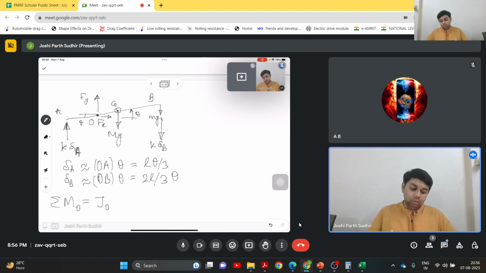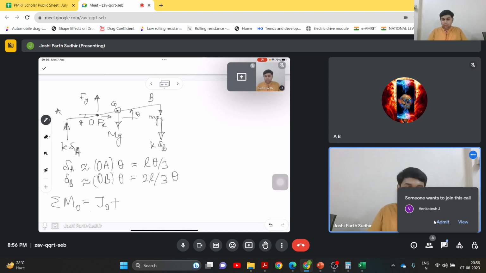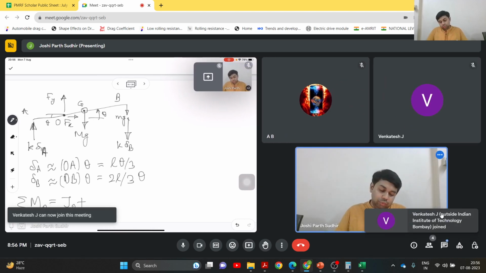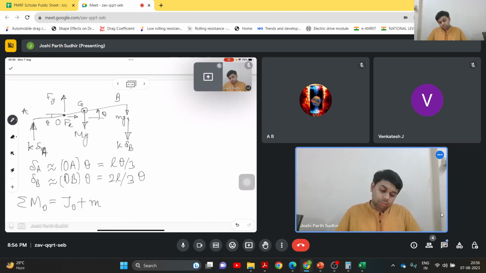Let us say Jo is the moment of inertia of the bar about point O plus the moment of that small particle mass about that point O, which will be basically m into (2L by 3) whole square, because it is located at a distance 2L by 3 from O, this whole thing into theta double dot.